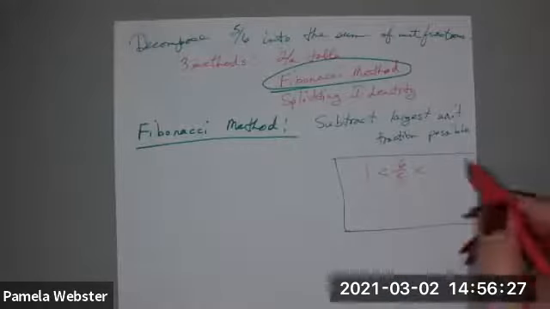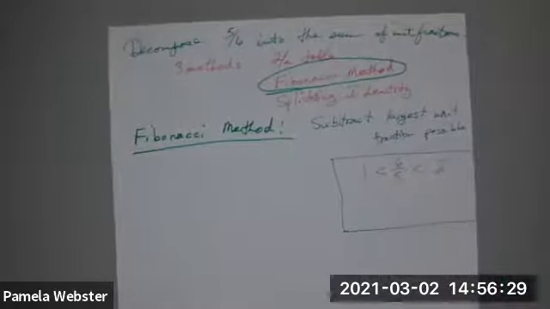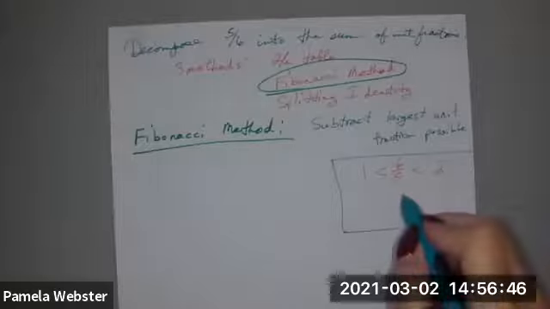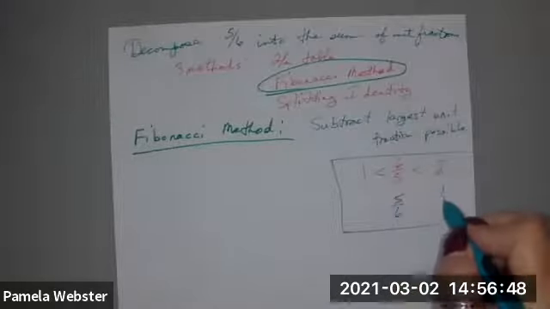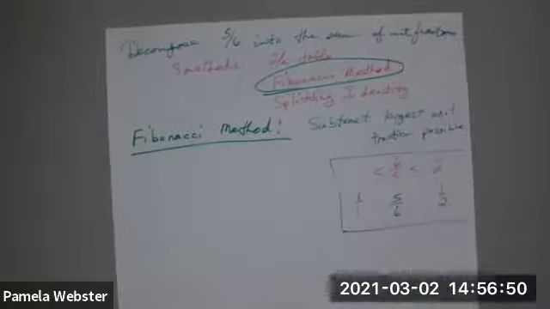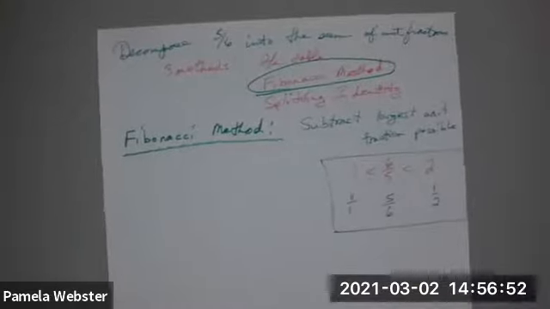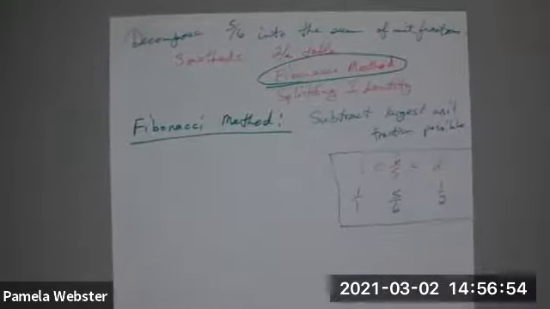And 6/5 is less than 2. So find the two whole numbers, or natural numbers, or however you think, that will fit in between. And now flip it all back over, right? So that just gives me a reference point, but I really want to deal with the 5/6 guy. So this will be 1/2, and this will be 1 over 1, or just 1. And what's the big thing you have to remember?